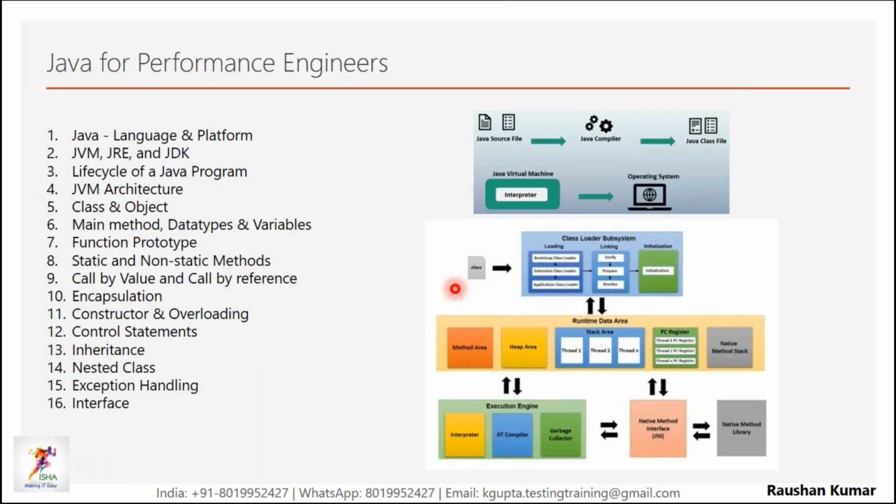We'll be talking about Java from the very beginning, from scratch. We'll talk about how the JVM architecture looks. So basically, this is how the JVM architecture looks. We have these memory spaces here: method, heap, stack, PC register, native.